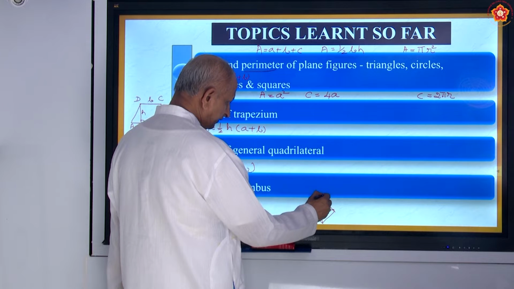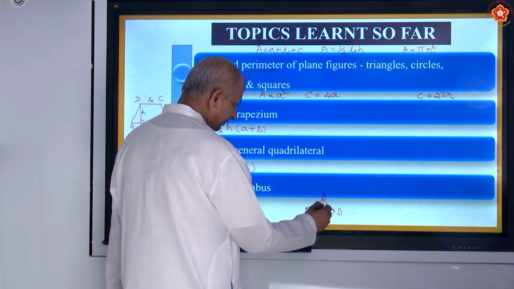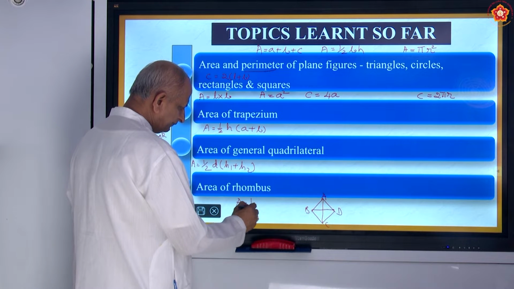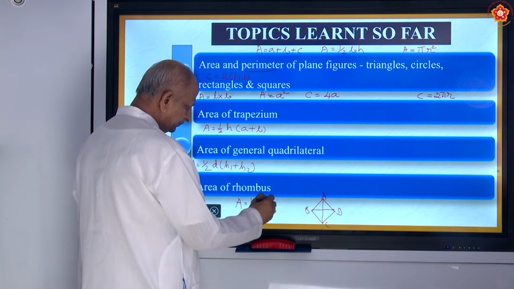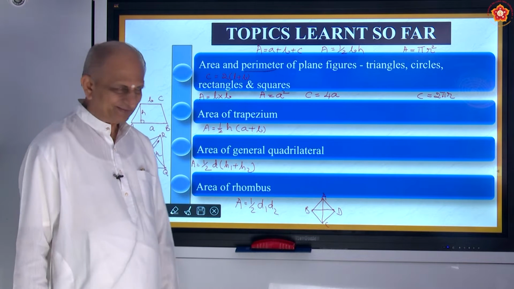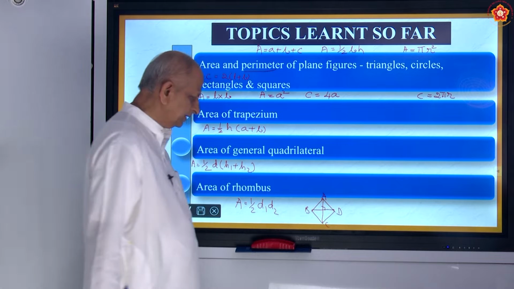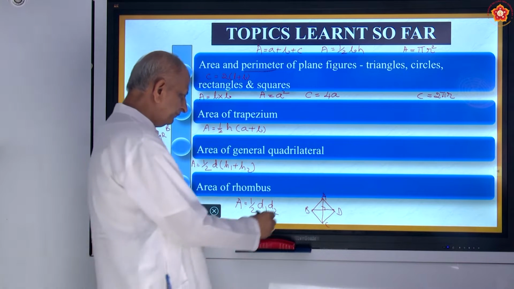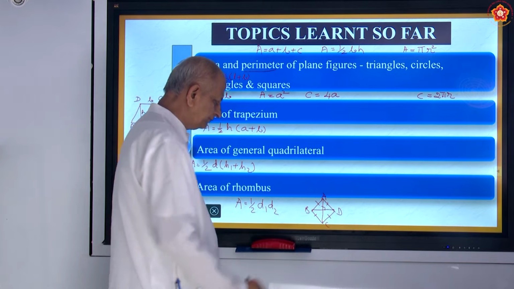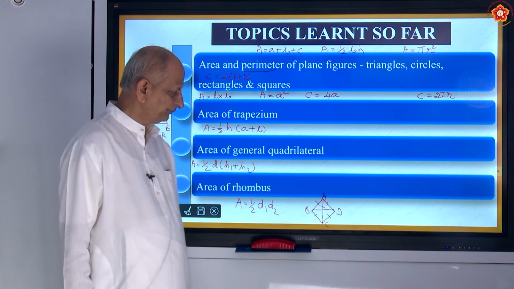Suppose you call it as ABCD and D1, D2 are diagonals. Area is given by the formula half of D1, D2, product of diagonals. Correct? Here most important property is that the diagonals bisect at right angles. And here all the sides are equal. Okay, so these are the things we have studied earlier.